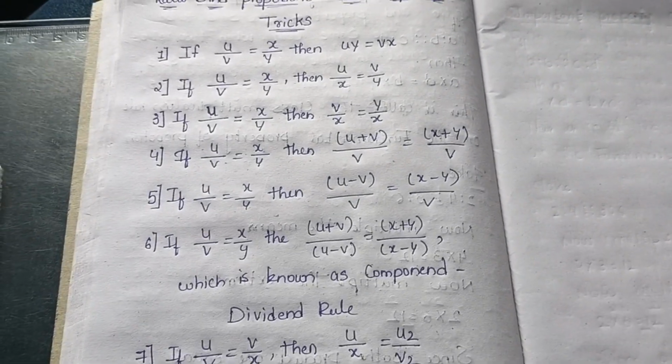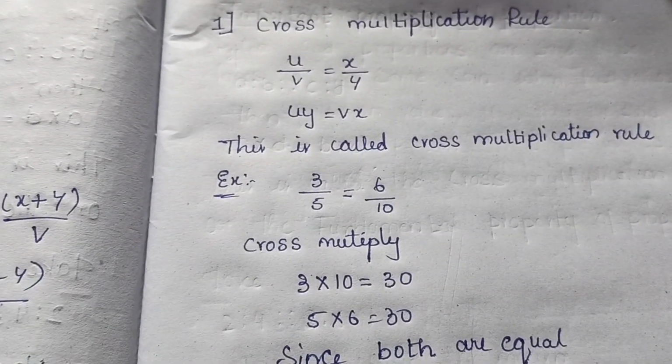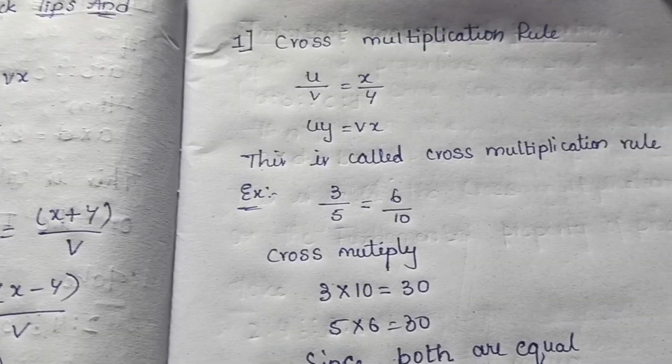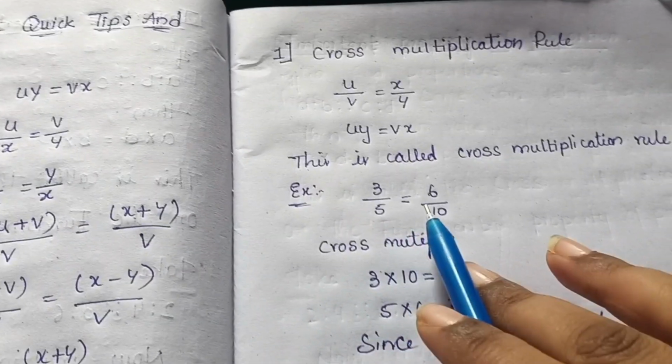Let us discuss the first trick, the cross multiplication rule. If u by v is equal to x by y, then u times y is equal to v times x. This is called the cross multiplication rule. For example, suppose 3 by 5 is equal to 6 by 10.